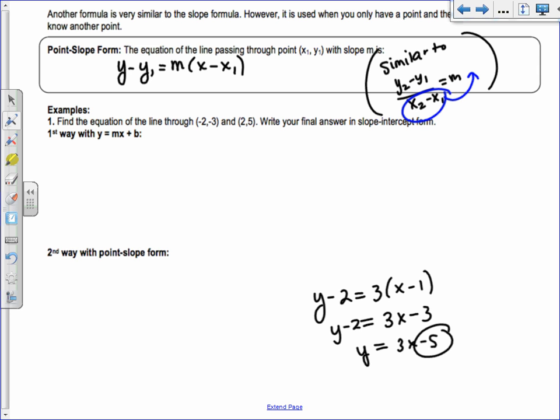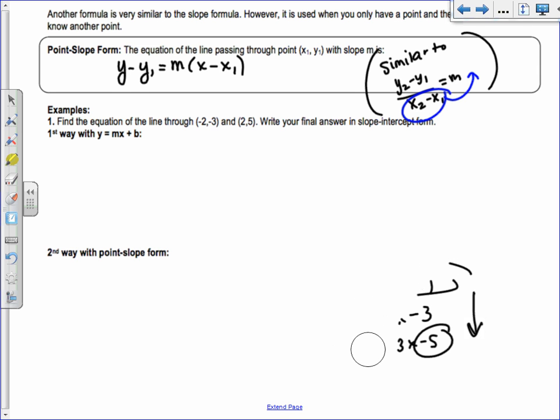That shouldn't be negative 5, that should be negative 1. You should add 2 to both sides. You missed the entire point of the problem because you had it correct here, but then you simplified and got it wrong. So this is why you want to learn this form. Eventually when you use it in pre-calc and calculus, it's a shortcut. You don't have to simplify further.